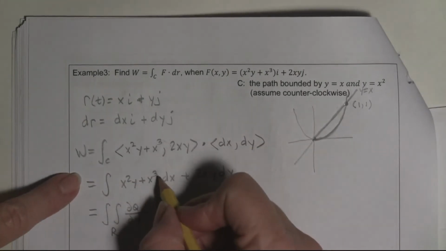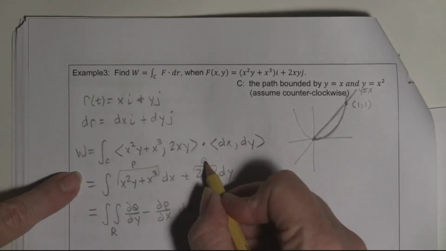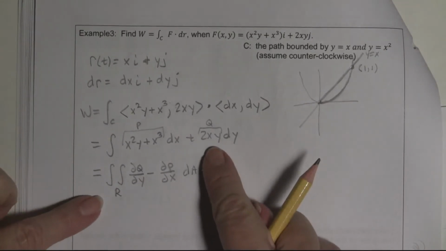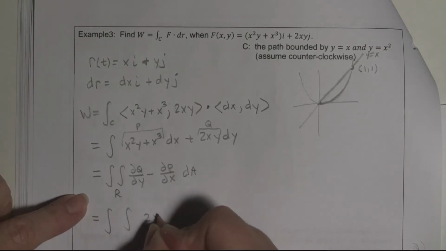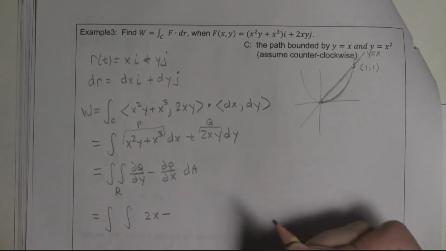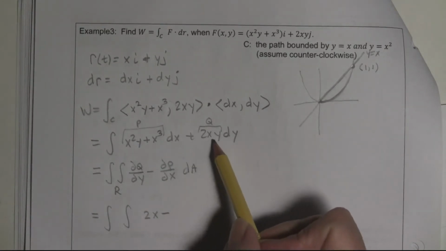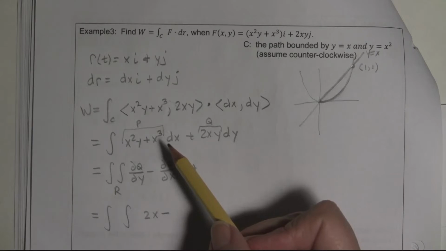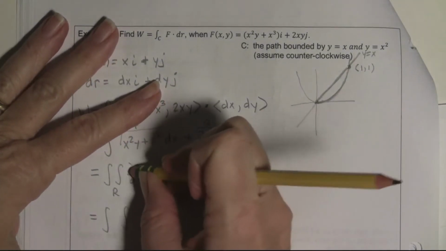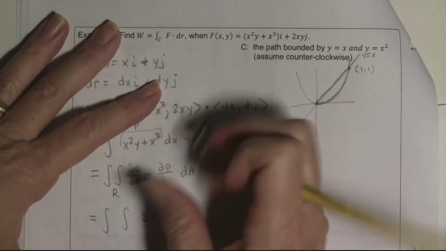Okay, so this right here is P, and this right here is Q. If I do the partial here, I'm going to get 2x, and minus, and if I do the partial here with respect to, this was with respect to y, this one's with respect to x. Donna, I think you have that backwards. This should have been with respect to x, and this one should be with respect to y.